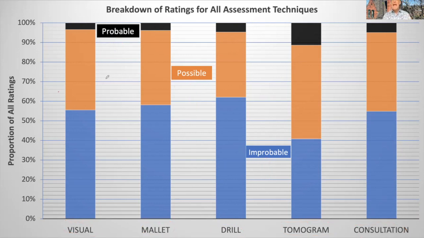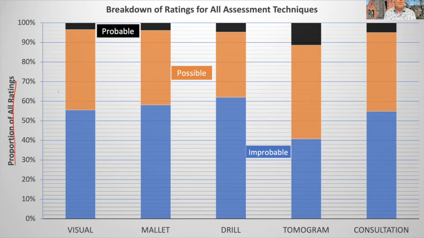So if you look at the graph, basically what you want to focus on is the thickness of each of these color bands, black, orange, and blue, for each of the techniques, because that's basically telling you what the proportion of likelihood of failure ratings is for each of the techniques.